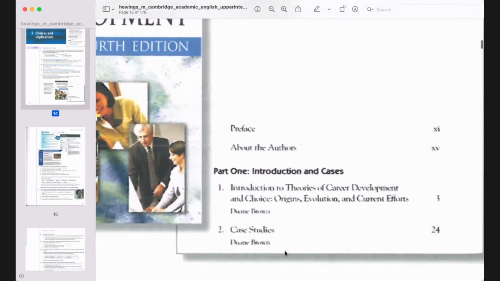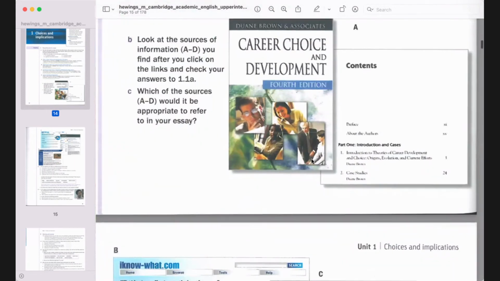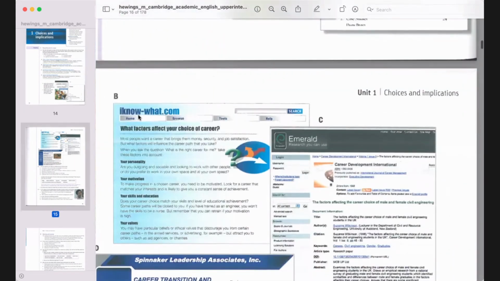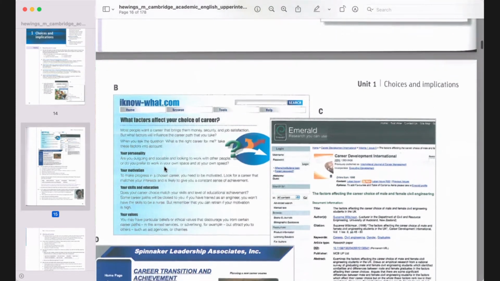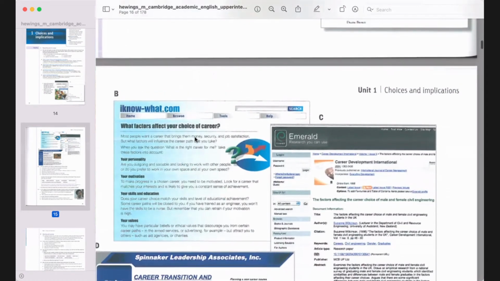An informative resource, I consider. It names factors that affect your choice of career. By the way, we will discuss your choice.